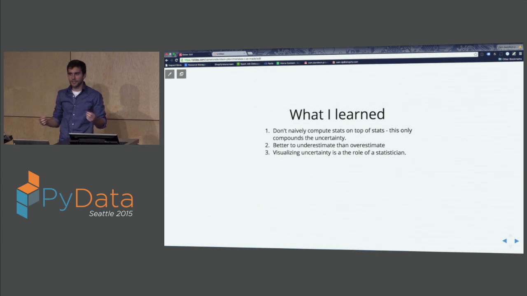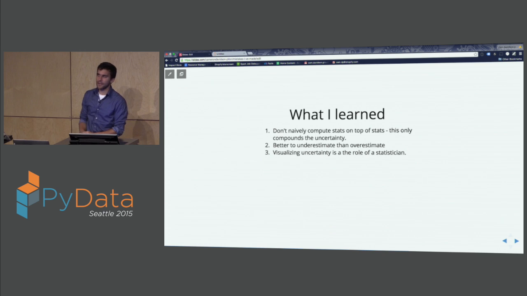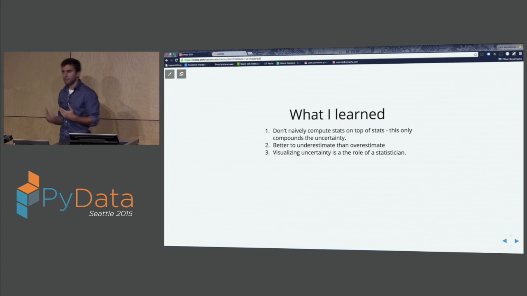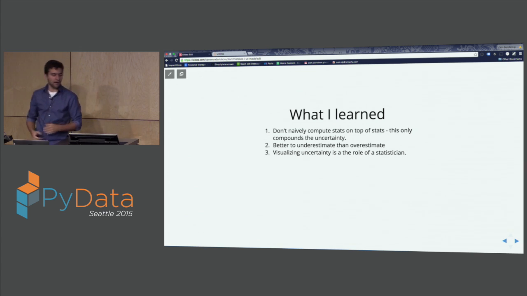So the role of the statistician is to take that uncertainty and put it somewhere. They can't just sweep it under the rug and give you a single value. They have to put it somewhere, and it's always present. It might be very sharp at one point, but it's always present. And that's what I did in this exercise. I visualized the uncertainty, and I saw how wrong I could have been. And based on that, I derived better estimates of what to do from there.